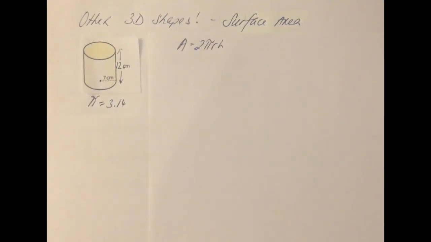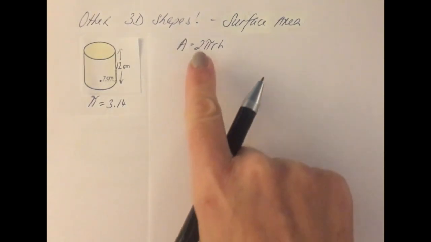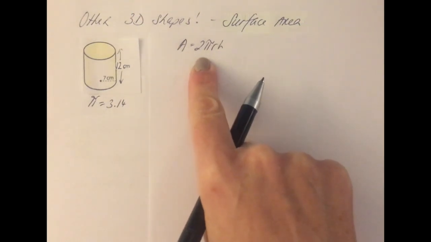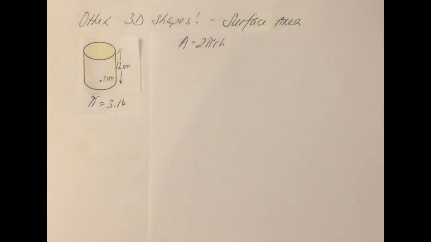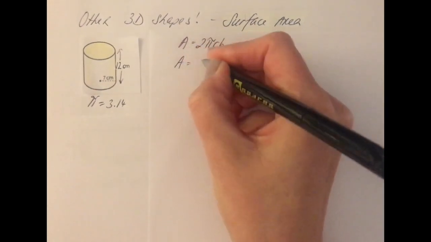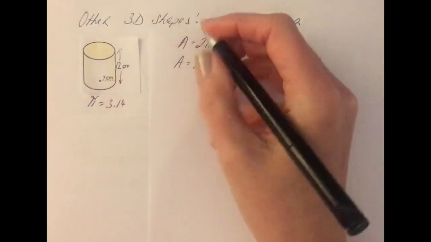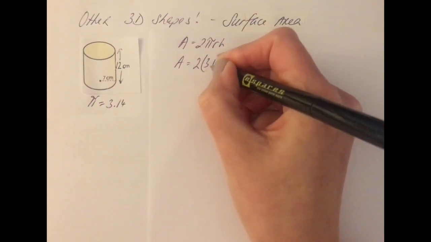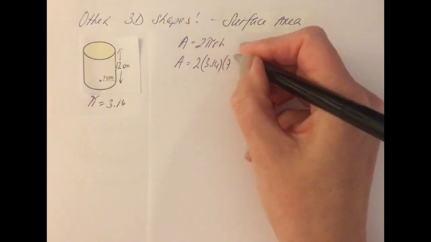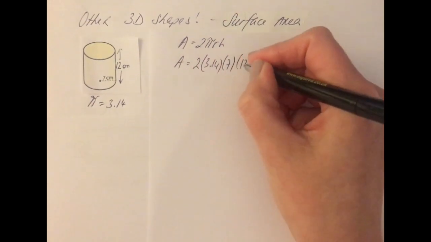So back to the question. What we're going to do with this, we're going to get the total surface area. So first of all, obviously we've got to get the curved surface area, and then we'll add on the circles as I explained, the top and the bottom. So we have A equals 2 pi. In this question we're going to sub in 3.14. The radius is 7 and the height is 12.